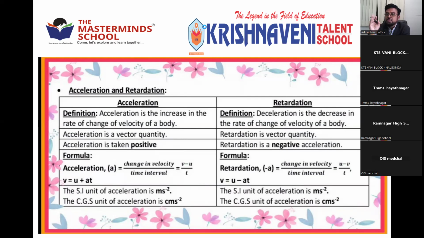When you accelerate, speed increases, and when you ease off, the speed decreases. Increasing of speed is called acceleration. Decreasing of speed is called retardation, negative acceleration or deacceleration. You can note this down. Acceleration is the rate of change of velocity. Increasing rate of change of velocity is called acceleration.